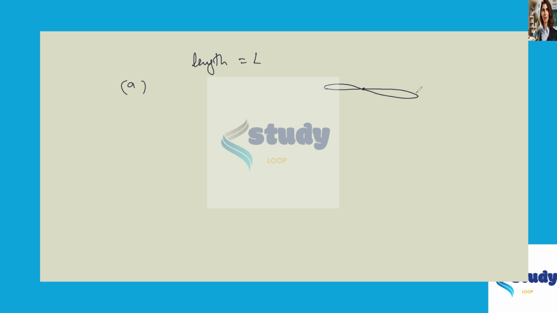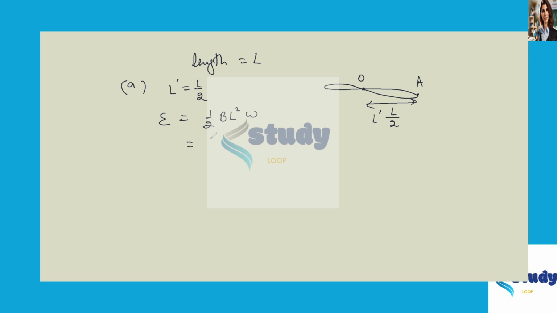So this is the center, this is one of the ends. Let it be A. So the length of this end from the center will reduce to half of the total length. This is L dash, so L dash is equal to L by 2, and we know the expression for motional EMF induced is given as half B L square omega.